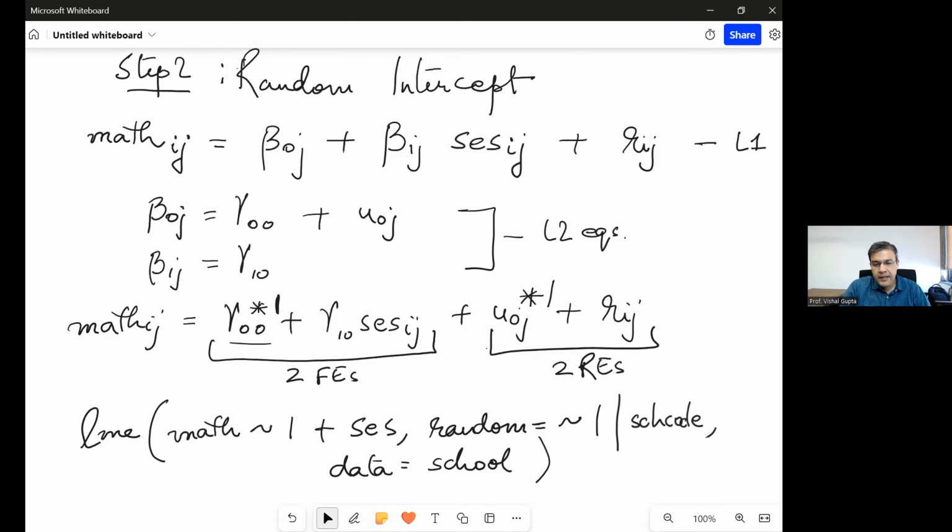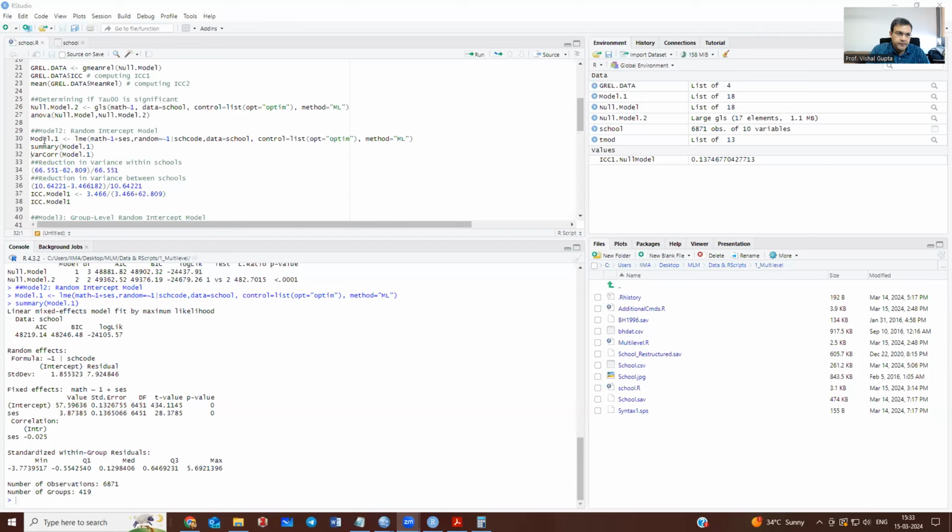Right? This is the command. Very simply, this is what we have written here. And we do this, we go to the summary. Now what you see, you get your AIC fit indices, you get your standard deviations of U0j and Rij, and then you get the estimates and the test.